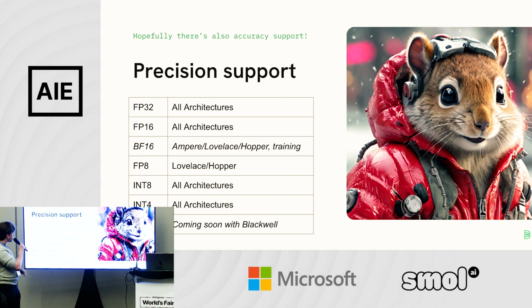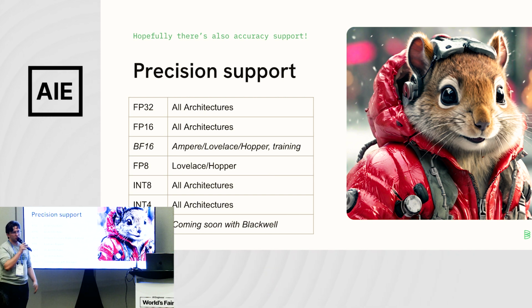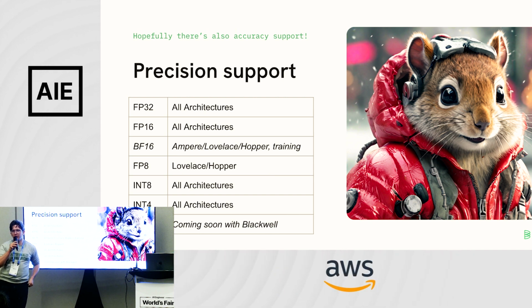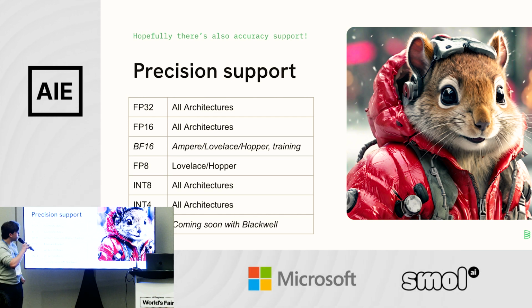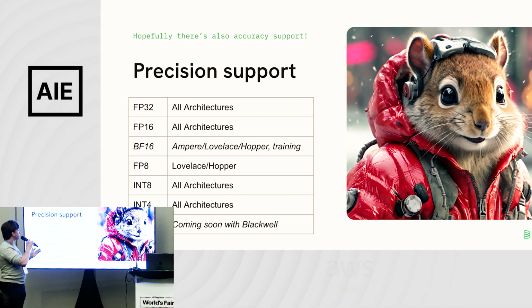FP8 is also supported by Lovelace, so that's your L4 GPUs, which are also a great option for FP8. So a bunch of different precisions are supported. Again, FP8 is the highlight. FP4 could be coming. Traditionally, we're going to run in FP16, which is half precision.